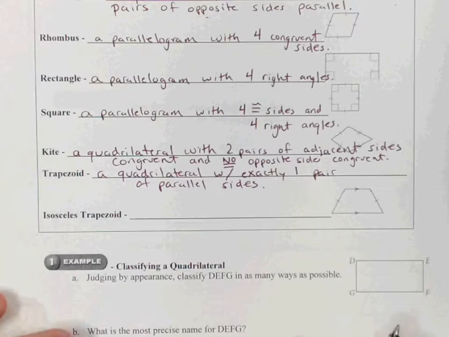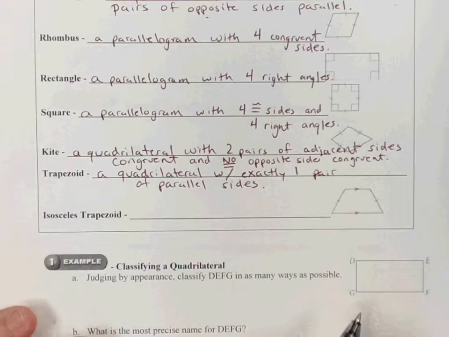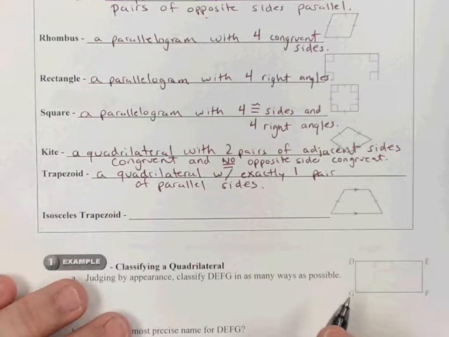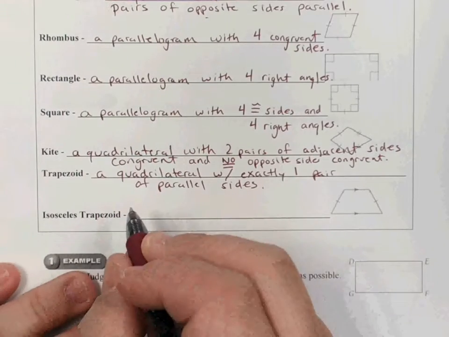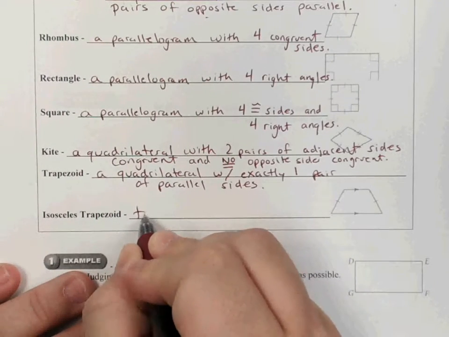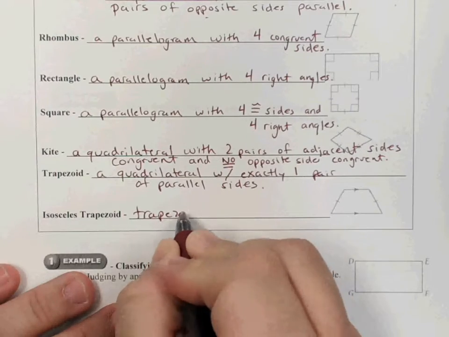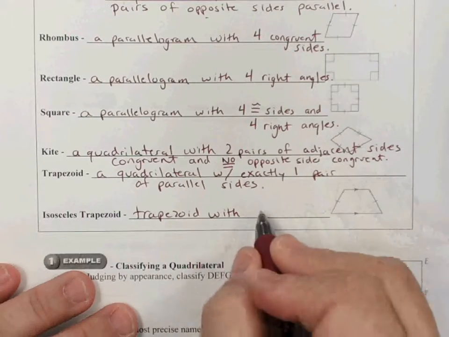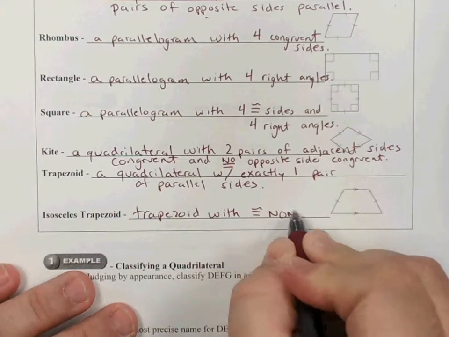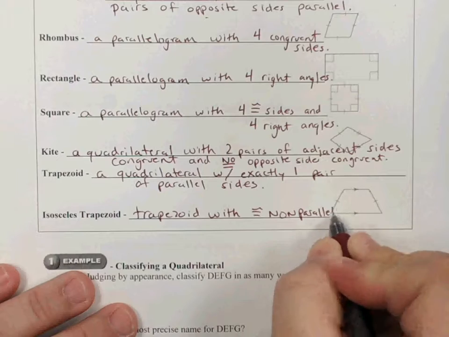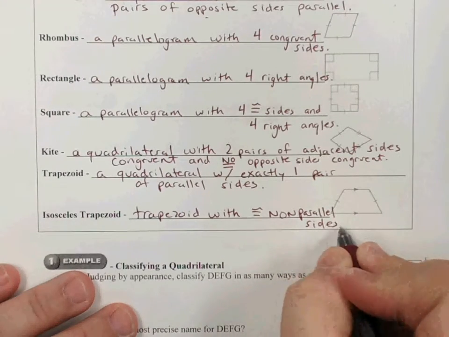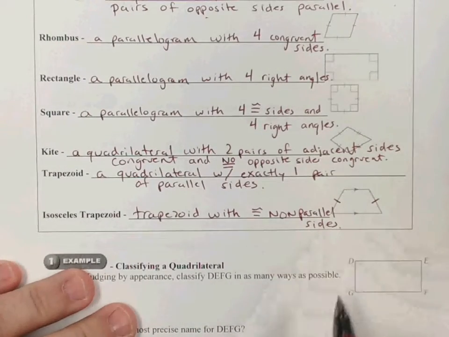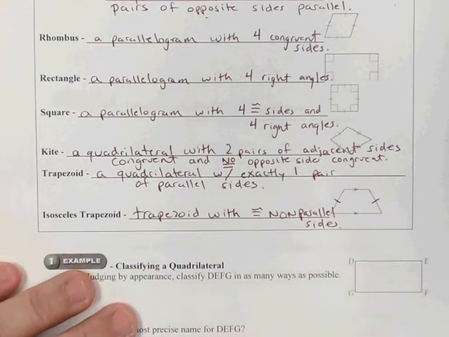And to go a little bit further with trapezoids, there's something called an isosceles trapezoid, which is a trapezoid with congruent non-parallel sides. As you can see in this figure, these sides are obviously not parallel to each other, but they are congruent.